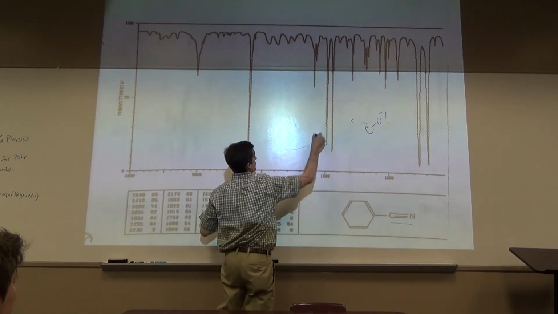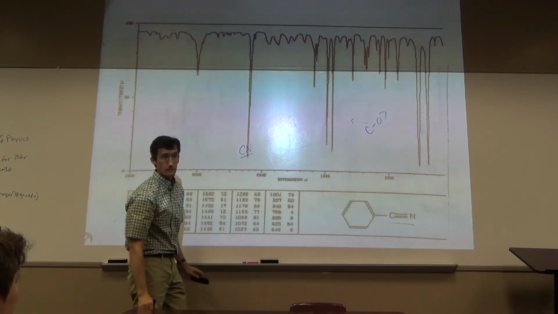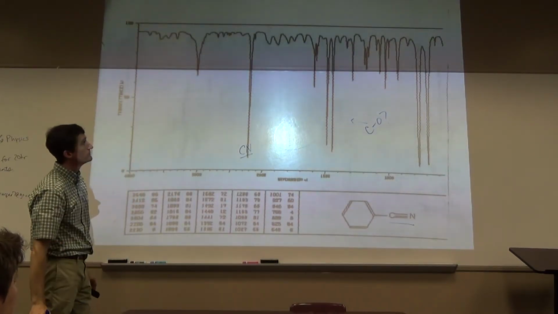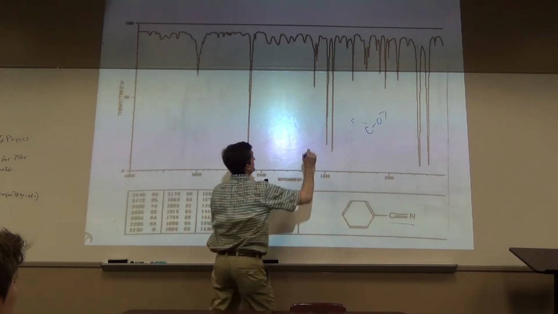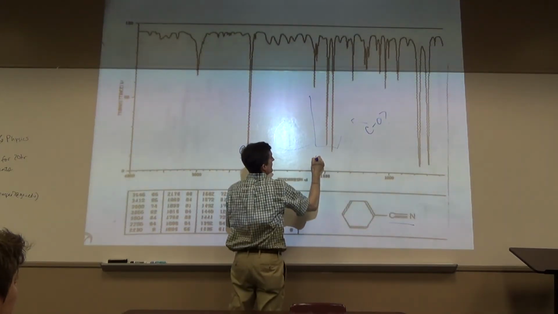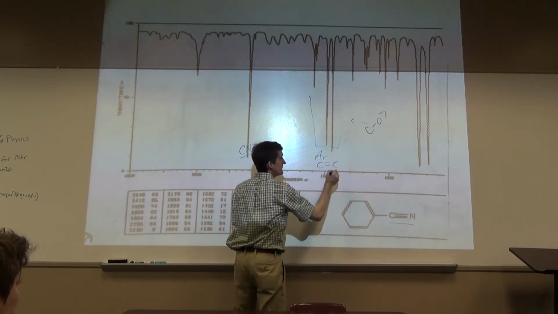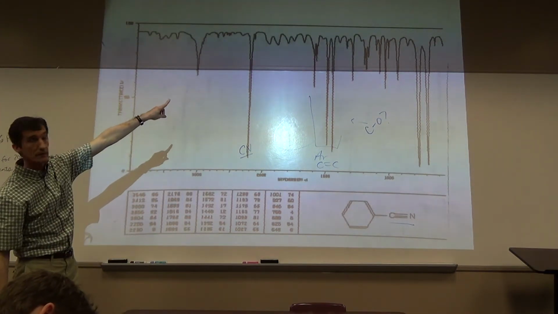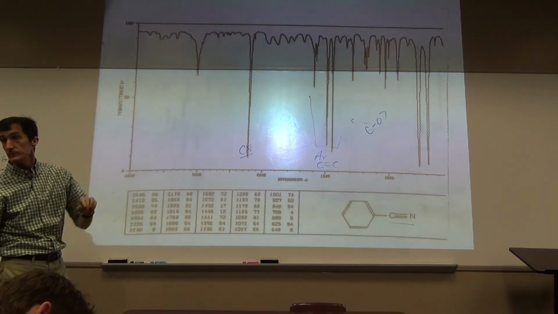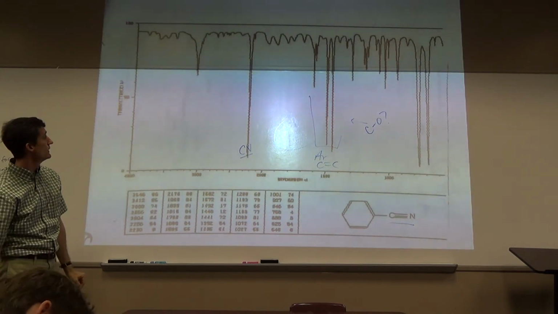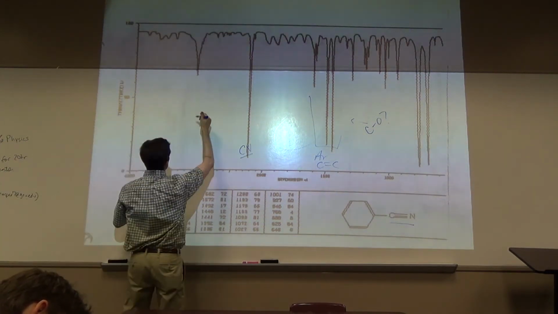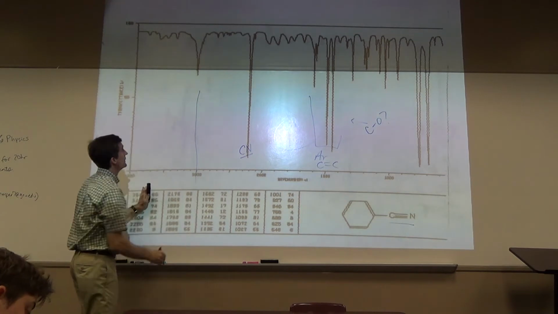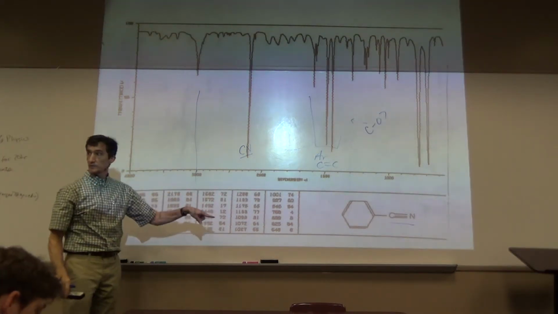You see there's really no carbonyl. What are these peaks here? Your aromatic CC. Mountain range up there. Actually, there's mountain range all the way across. And then this is up above 3,000? That's your sp2 CH.